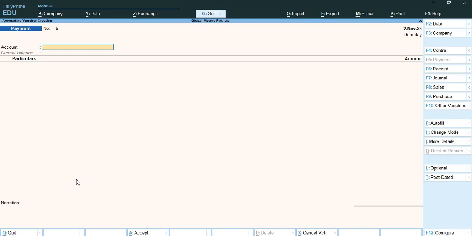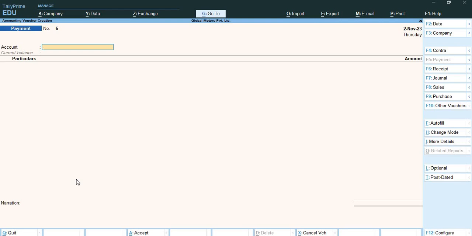In case of cancellation of a transaction, the expenses and TDS deducted need to be reversed. In TallyPrime, such reversal of expenses and TDS is possible only when the cancellation is made before the payment of TDS to the government.